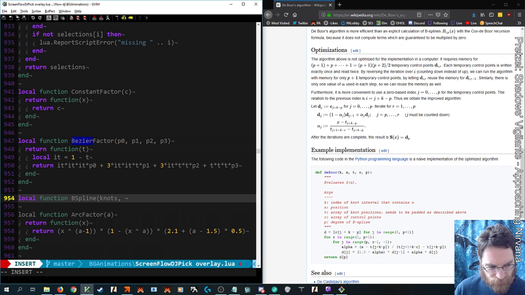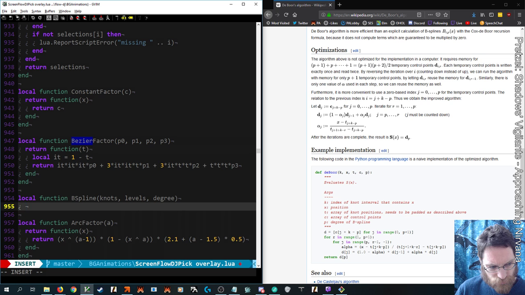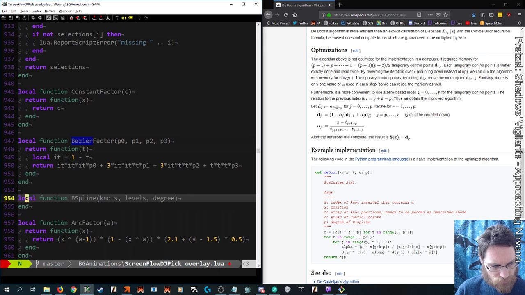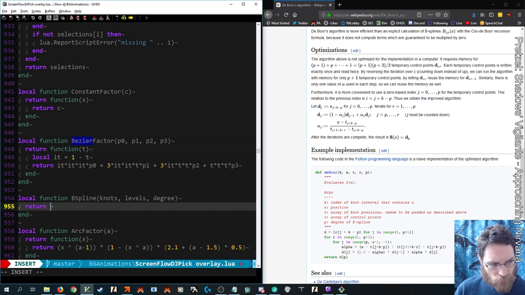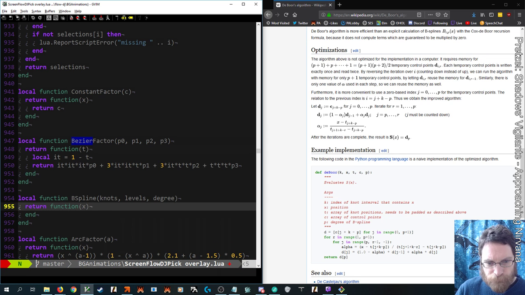So knots, and I'm not really sure what degree is. And then we're going to have a function of x, index of knot interval that contains x.